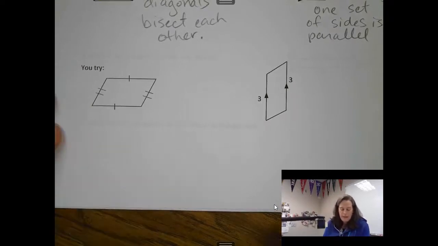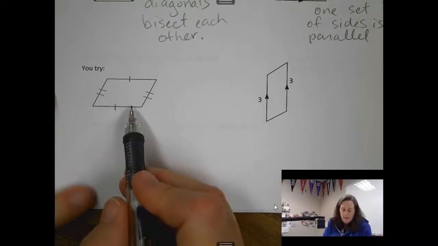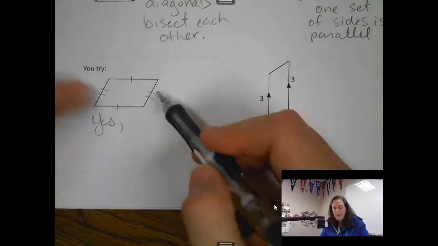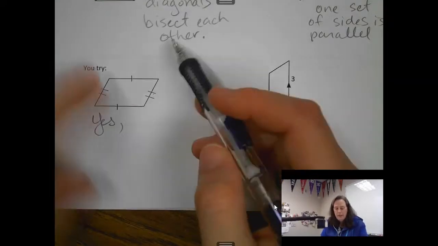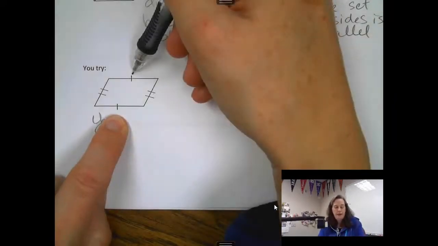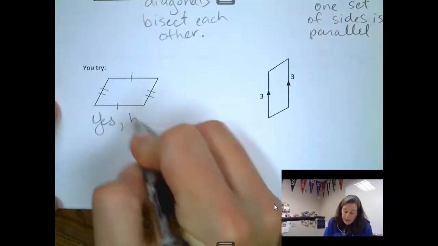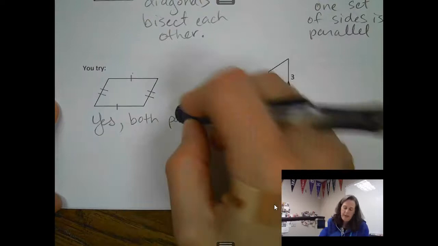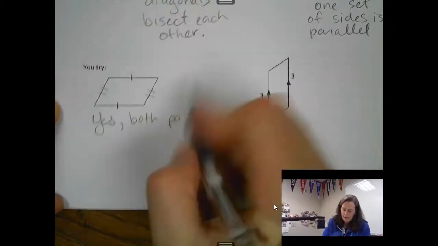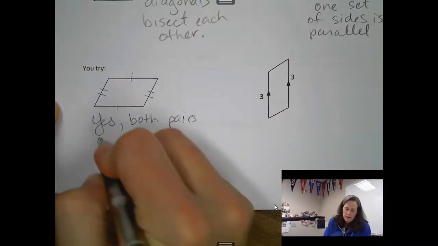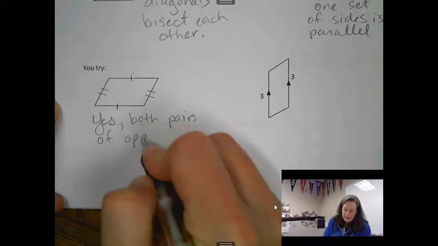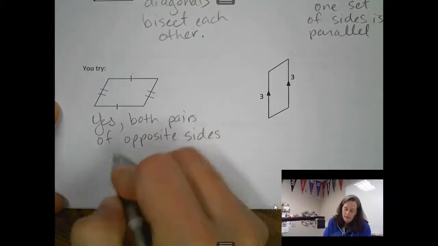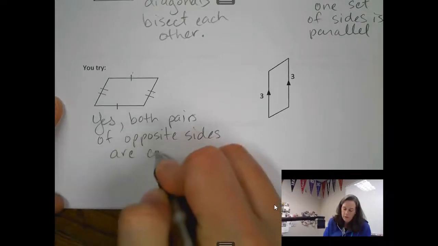All right, did you say this one looks good? We would say yes. And that is because these lines are parallel, they're opposite, and these lines are parallel. So both pairs of opposite sides are congruent.